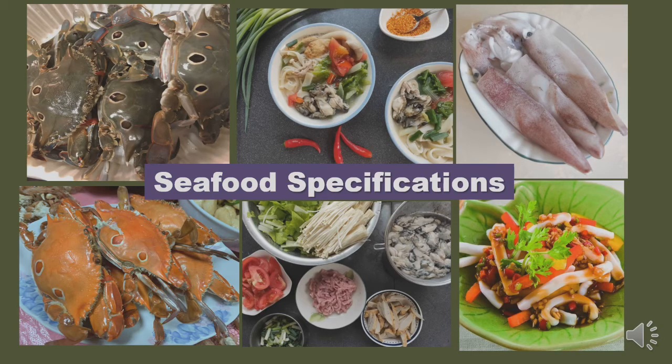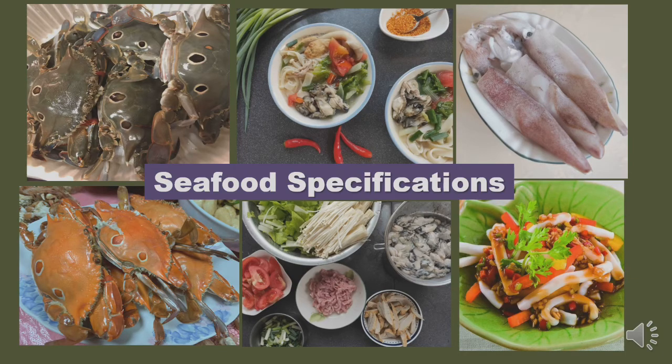And the second one will be the oyster. Okay, this one is not wild, but it grows up from the fish farm on the west side of Taiwan.